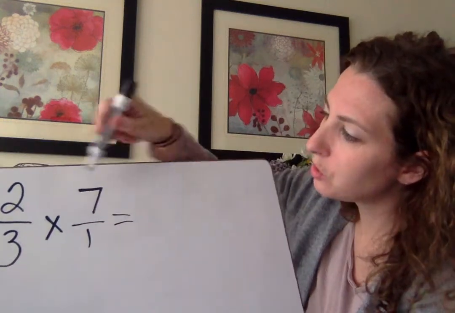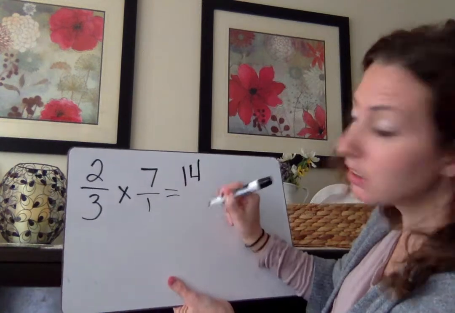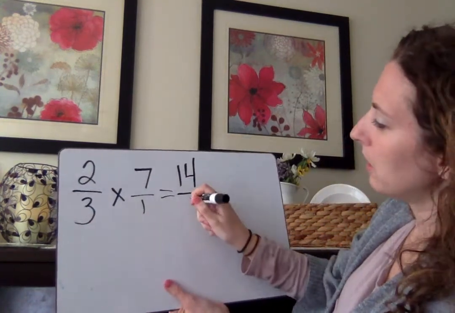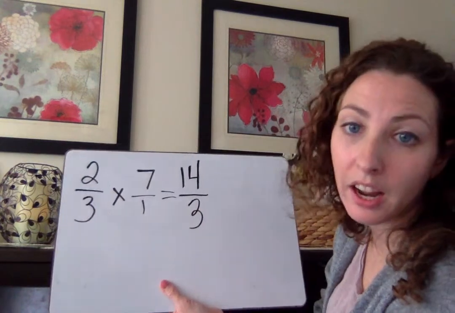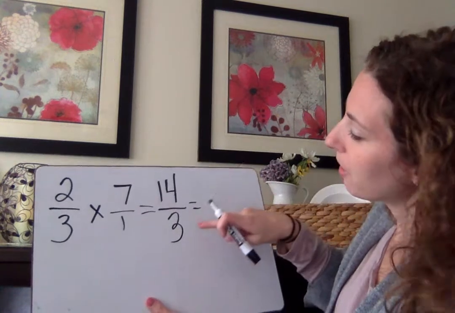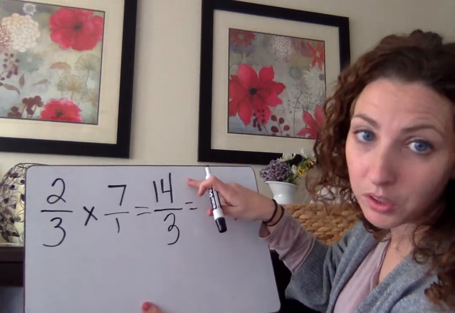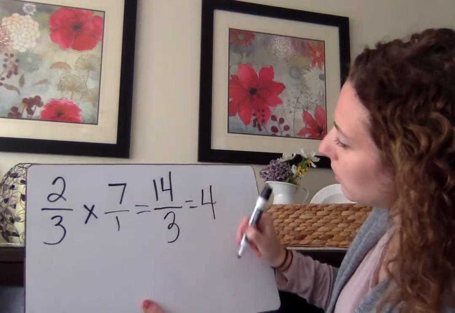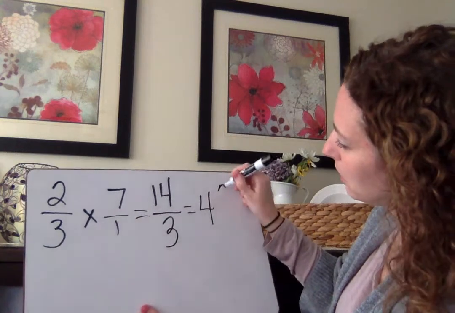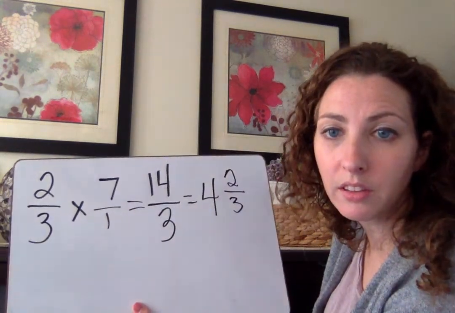Look, 2 times 7 is, I'm at a bad angle here, 14 over 3 times 1, 3. Now you'll see that I have my improper fraction there. So I'm going to think, 3 goes into 14 how many times? 4. Okay. So that brings me to 12, and then 13, 14. So then it would be 4 and 2/3.